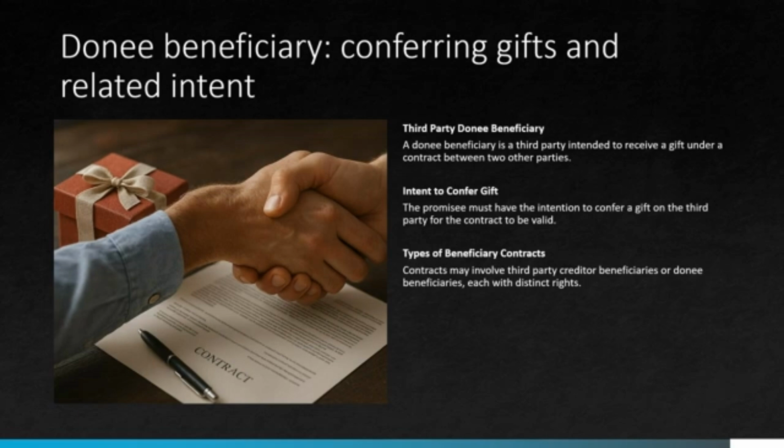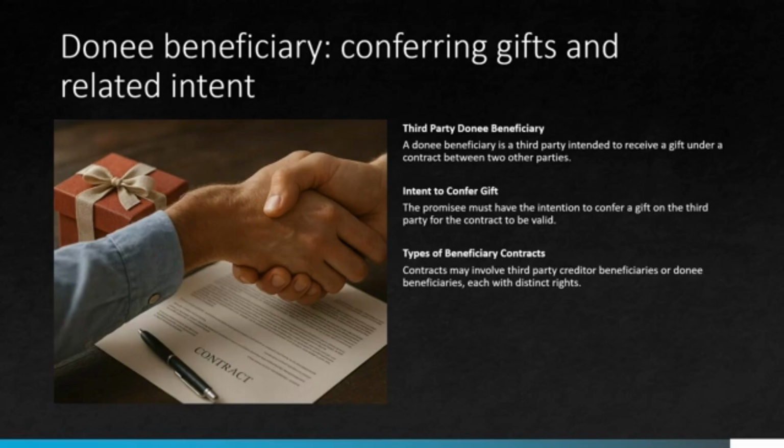So this third party is not a party to the contract, but they're going to get the benefit from it. And the intent must exist at the time of the contract. But the intent must confer either a gift or be there to satisfy a debt for a third party at the time the contract is entered into.